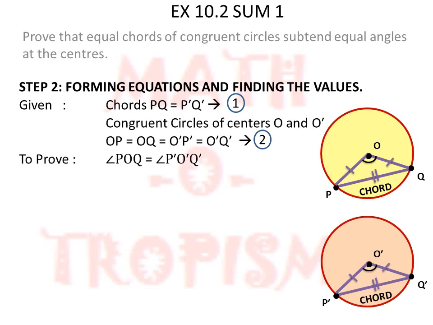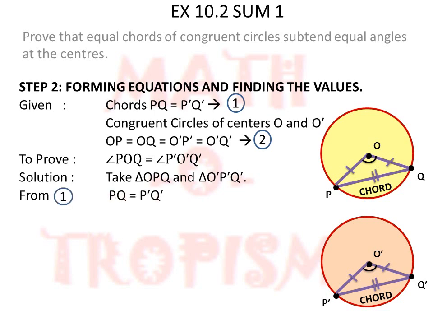We need to prove that the angle subtended at the center, which means angle POQ, is equal to angle P dash O dash Q dash. So for that, in the solution, we are going to consider the two triangles POQ and P dash O dash Q dash. Directly from 1 we get PQ is equal to P dash Q dash, and from 2 we can separately write OP is equal to O dash P dash, and similarly OQ is equal to O dash Q dash.